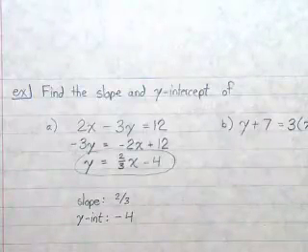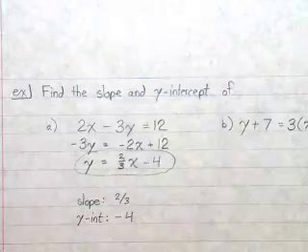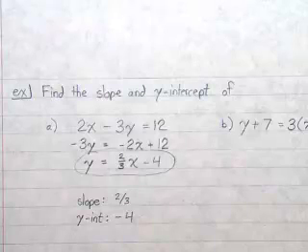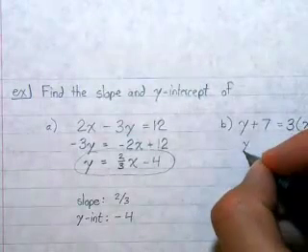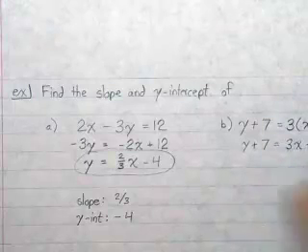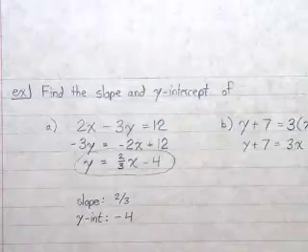So, the next one. Same goal on this one, right? Got to get it into slope-intercept form so we can read it off. Okay, so where shall I begin here? Okay, distribute the 3. Y plus 7 equals 3x minus 3. Okay. And then what?